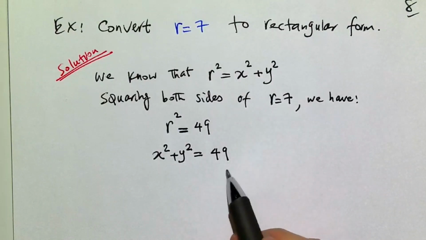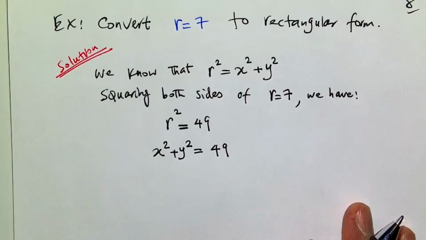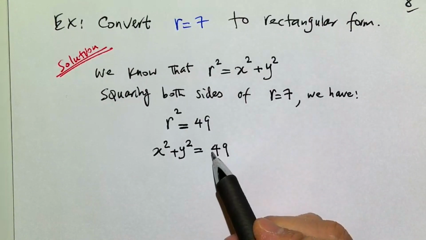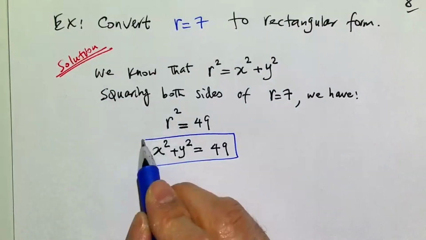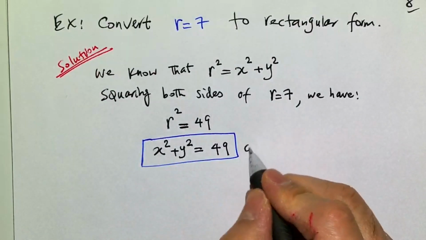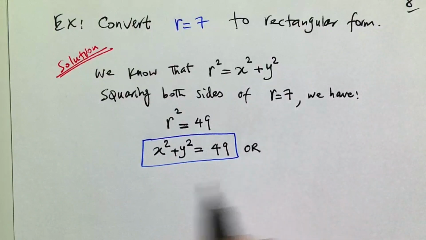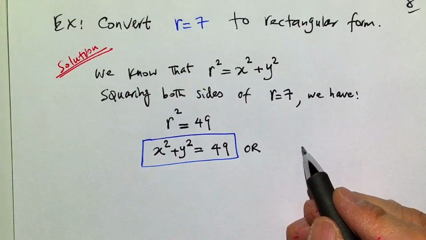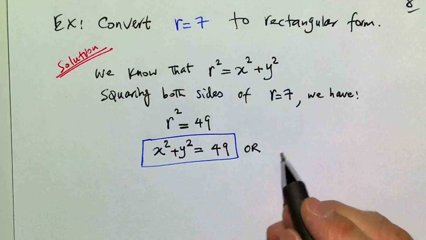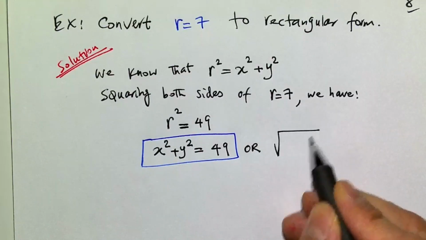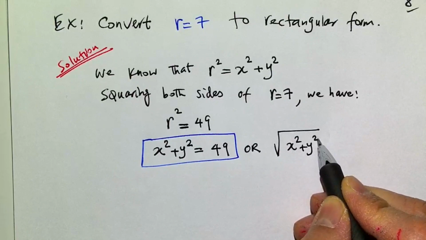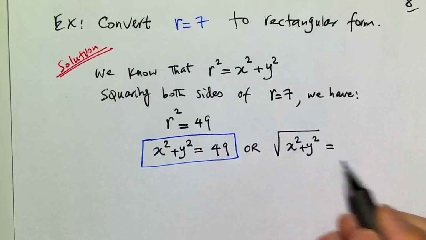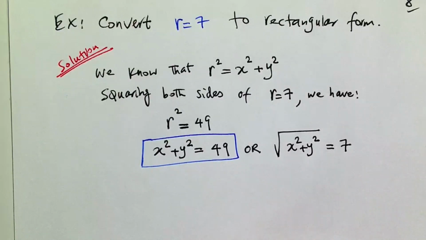You can do that. So let me do it both ways. So either that, or you can take the square root of both sides and say that the square root of x squared plus y squared equals, take the square root of 49, and you get 7.